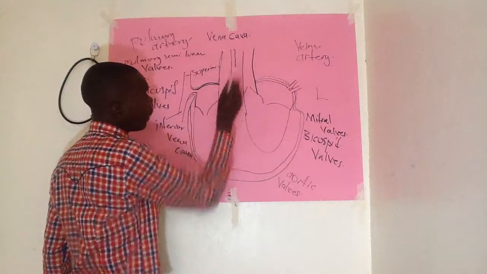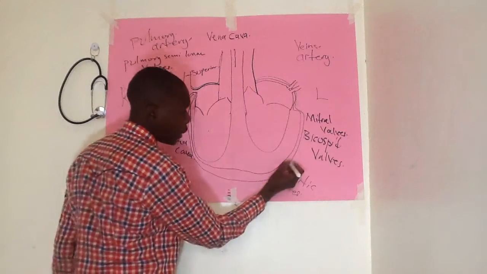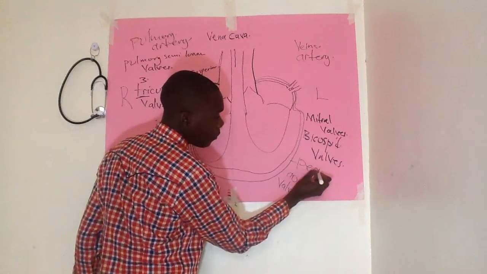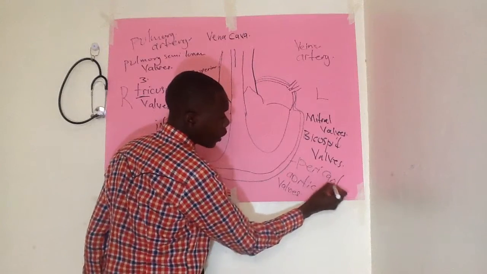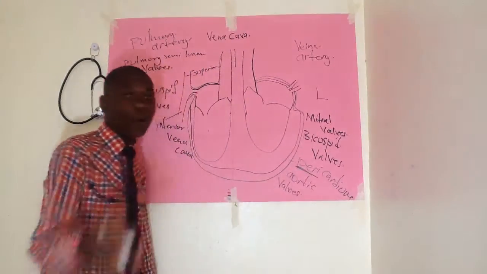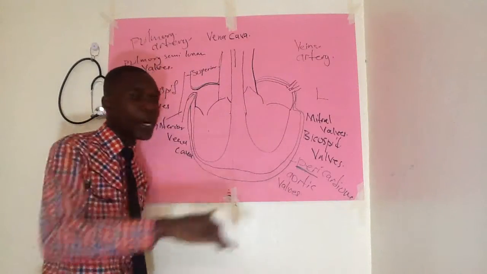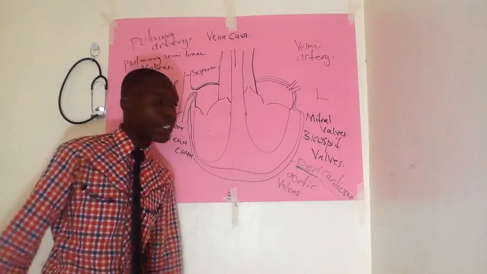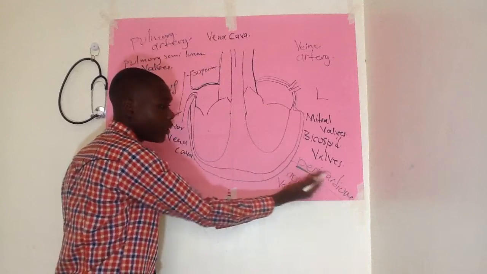The outer layer of the heart is known as the pericardium. Peri meaning outside, perimeter, the outer part. Cardium meaning heart. So pericardium, outside of the heart.